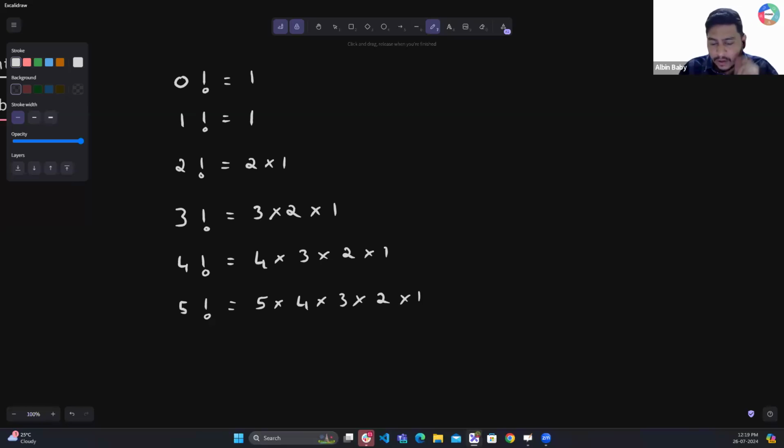Can I write 5 factorial as 5 into 4 factorial? Because see, 4, 3, 2, 1 is there in both. Similarly, can I write 4 factorial as 4 into 3 factorial?